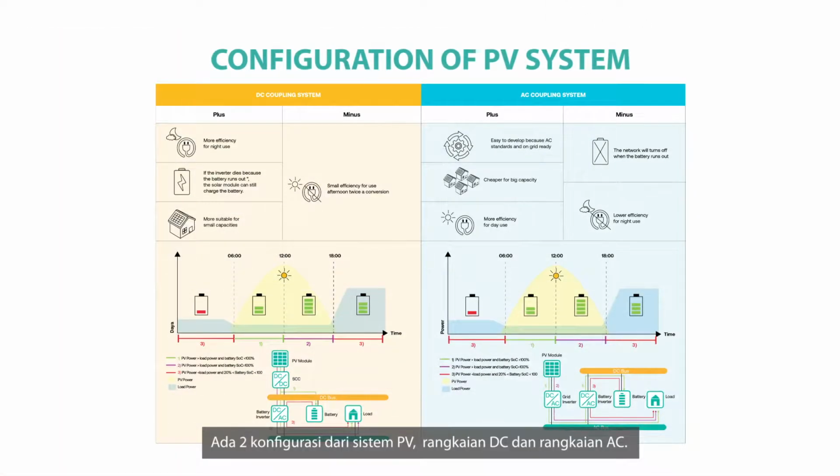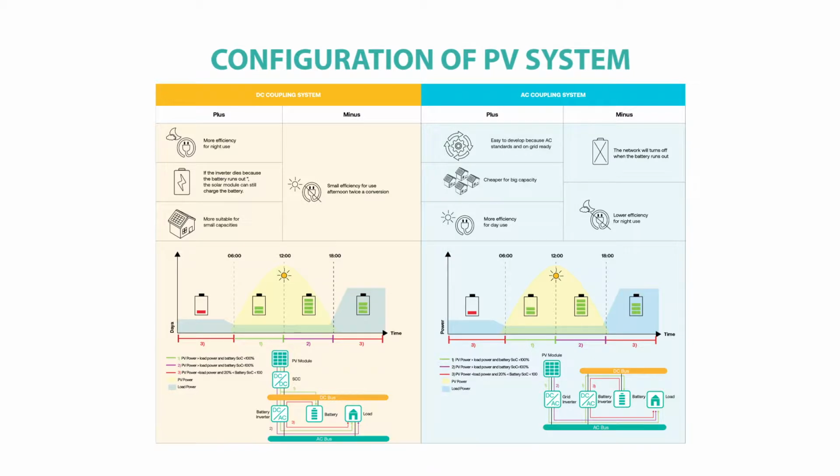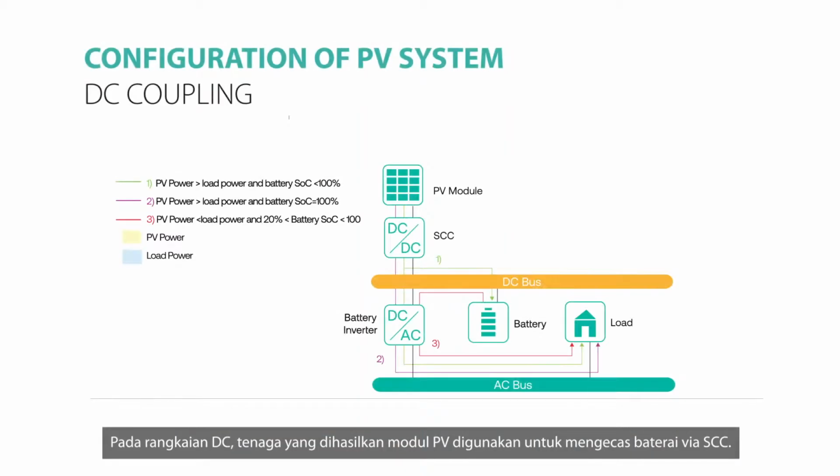PV system can be set up into two different configurations, DC coupling and AC coupling. In DC coupling, the main components of the system will be connected in DC bus, while in AC coupling, the main components of the system will be connected in AC bus. In DC coupling, PV modules will generate power. This power is used to charge battery via SCC.